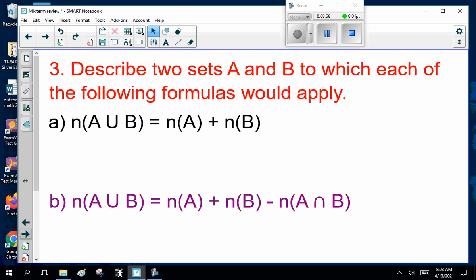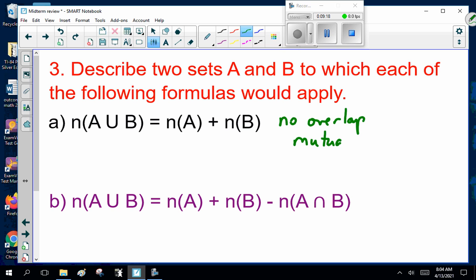So describe 2 sets A and B to which each of the following formulas would apply. Number union of A and B equals number of A plus number of B. So this is no overlap. Or you could use mutually exclusive. Or disjointed.